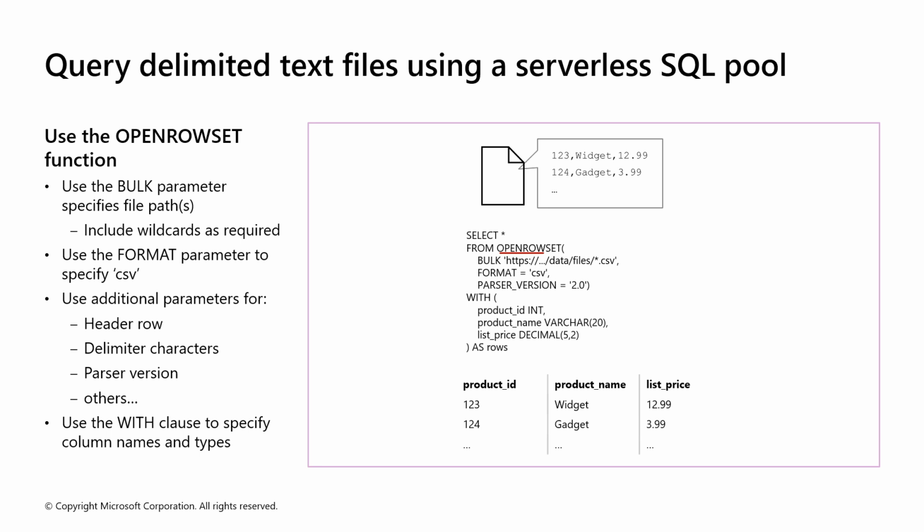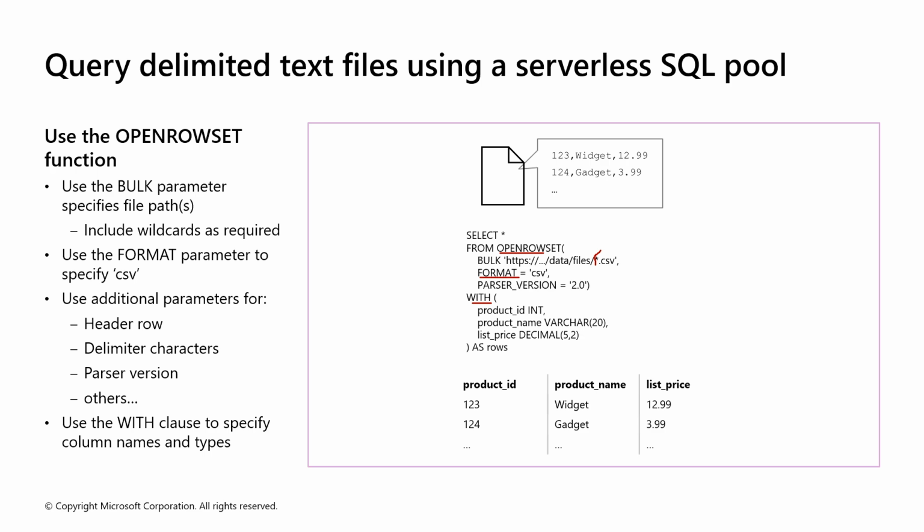And we can also notice an asterisk here, which is a wildcard which says to select all the CSV files in that folder. We also have another parameter, FORMAT, where we are telling it we are reading a CSV file. And with the help of the WITH clause, we are able to define the structure, like what columns exist and what data types they are.